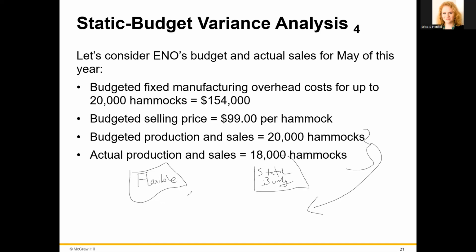And the difference between those two is going to be the sales volume variance. Okay, so the difference in cost that's associated with producing 20,000 hammocks versus 18,000. Our actual quantity in terms of hammocks is going to be 18,000. We budgeted for 20,000.